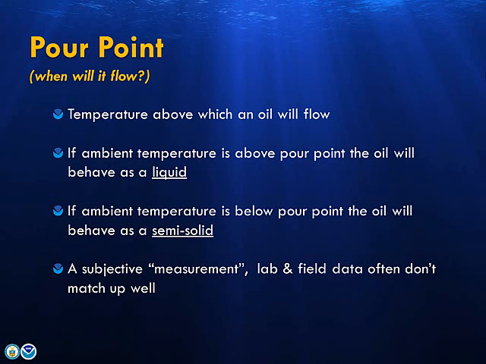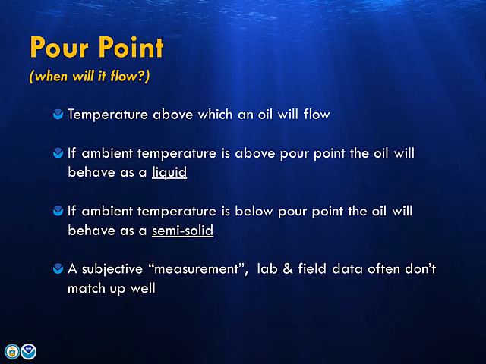Pour point. This is a temperature, so it's usually given as a temperature above which oil will flow. It's certainly related to viscosity, but it's really the temperature at which the oil will flow. It's kind of a subjective measurement, so the information that might be in the MSDS or in your oil chemistry information may not be exactly what you would see in the field, but I see it as kind of a guideline for responders.